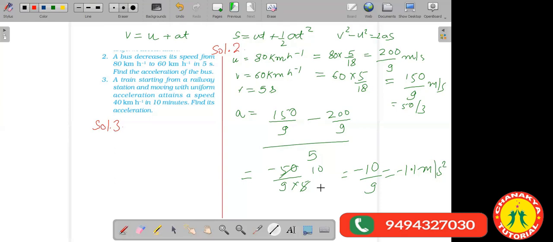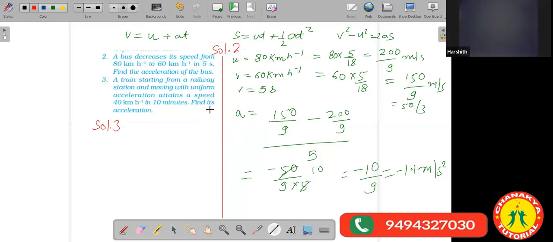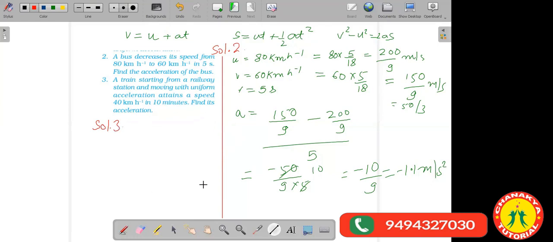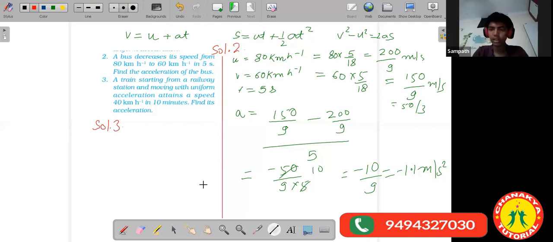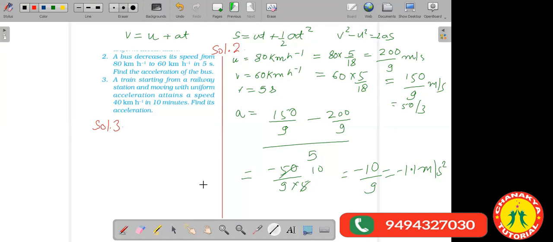Okay. So anyone who got the answer? Sir, I got it. Yeah, I have got here two answers. One of the answers I got from Harshit. One I got from Sampath. And Rohit has also sent the answer.